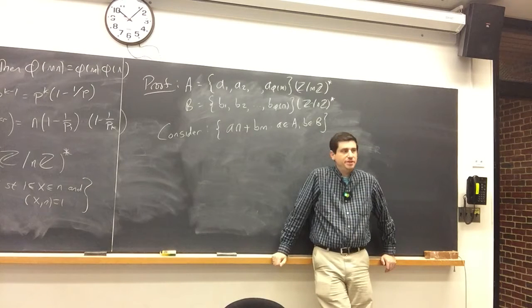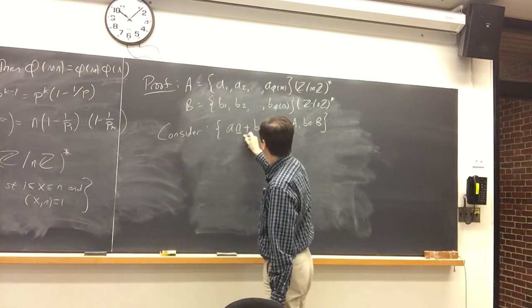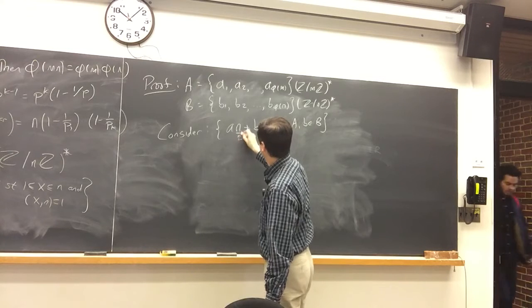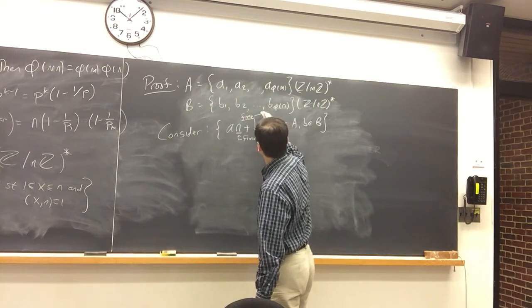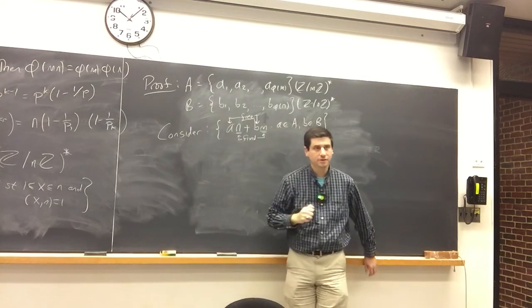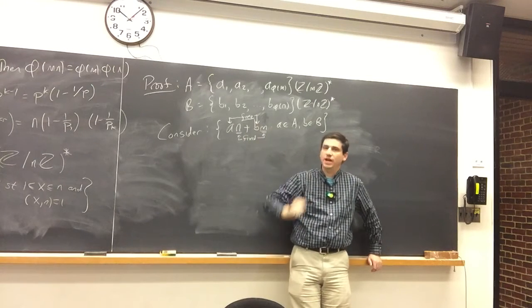So when you look at something like this, n and m are fixed. We're given n and m, and a and b are free. So how many elements do we have in this set?